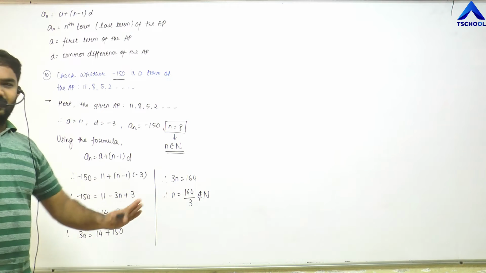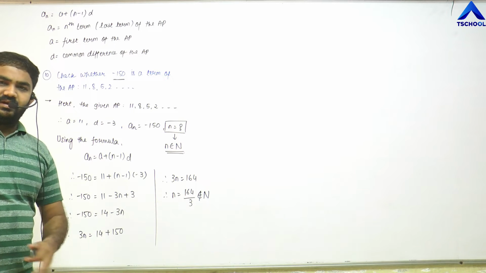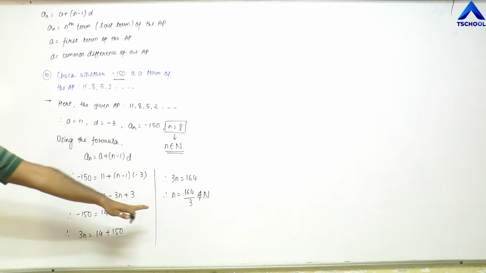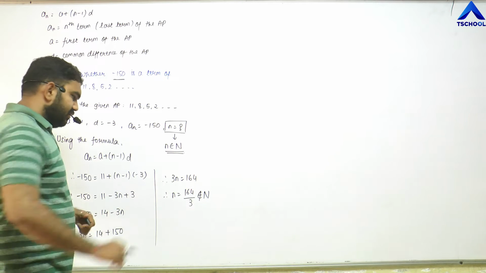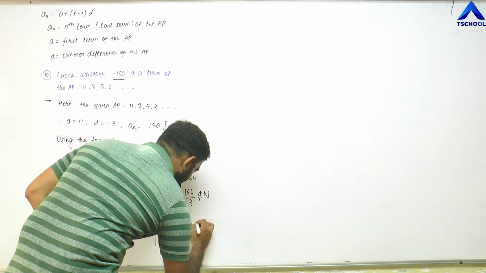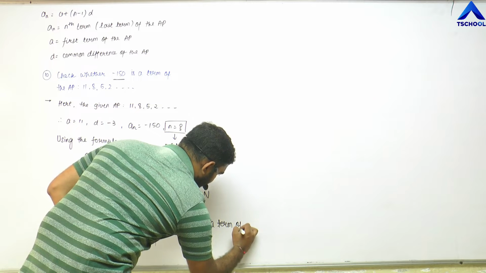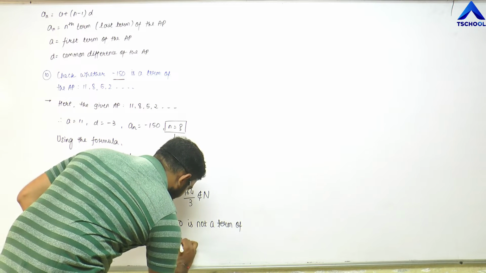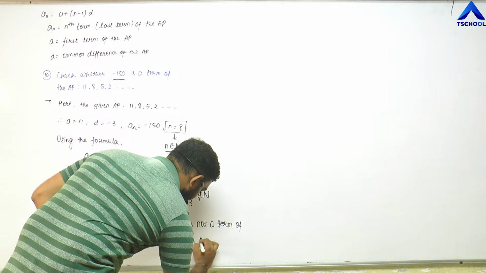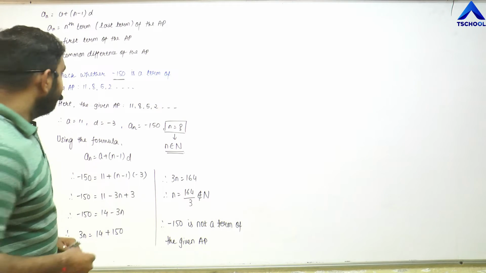So this will be a non-terminating decimal number, which does not belong to the natural numbers. Hence minus 150 is not a term of the given AP. So we can come to the conclusion that minus 150 is not a term of the given arithmetic progression. Is it clear?